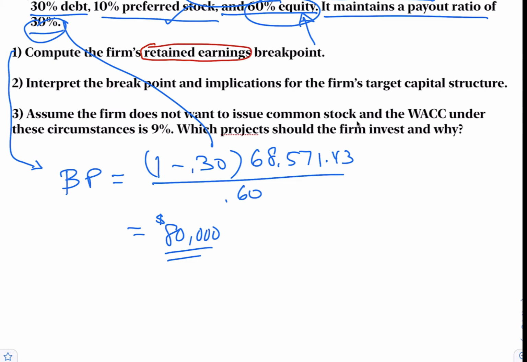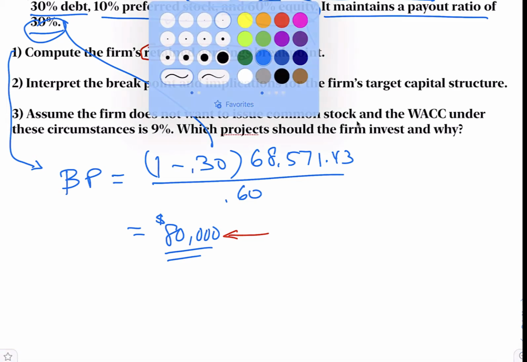So it gives you kind of the message that it has to do with retained earnings, and it certainly does. But it kind of suggests that maybe this is all retained earnings, and that's not what we're saying here. That's not retained earnings. And so what I want to do is explain what that 80,000 is a little better.